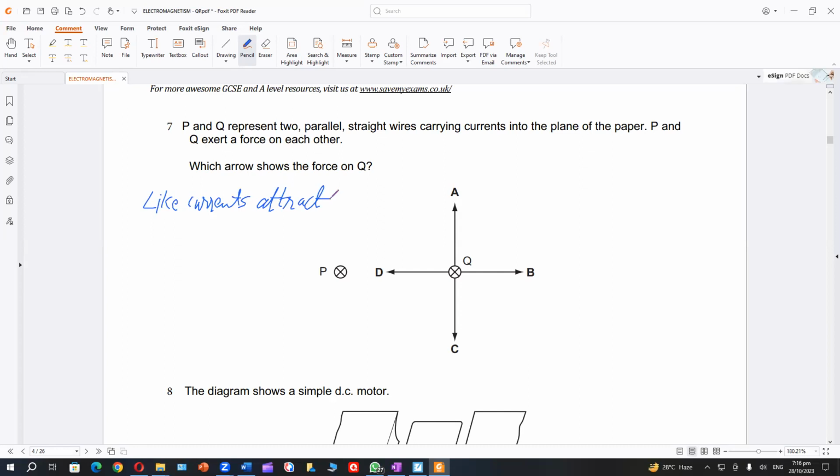So which arrow shows the force on Q? If the force is considered, it should be D because it's a case of attraction.